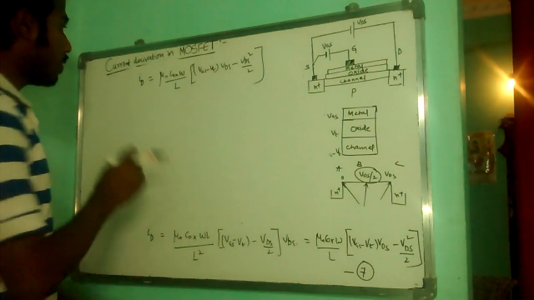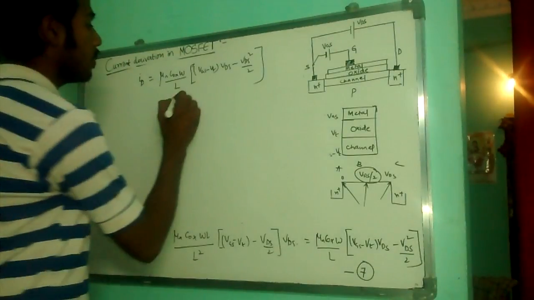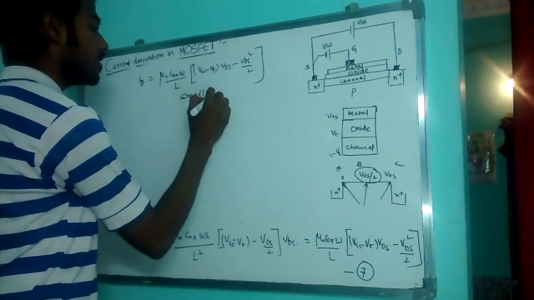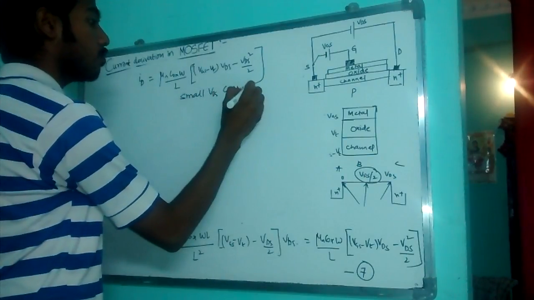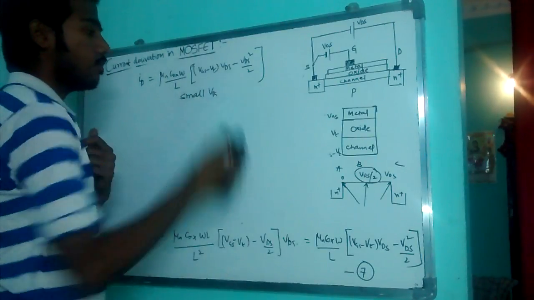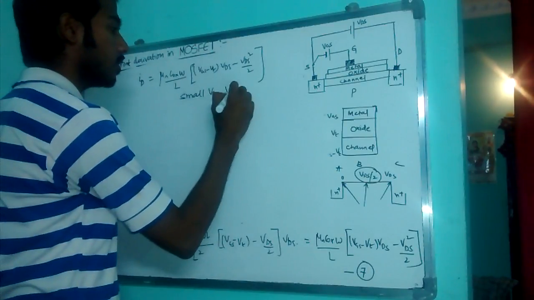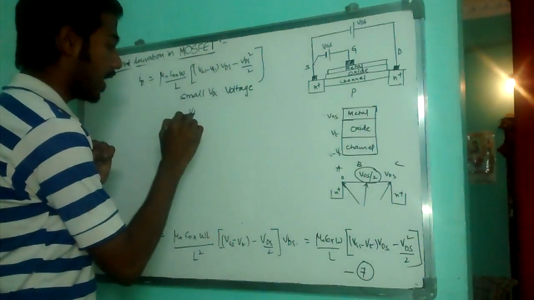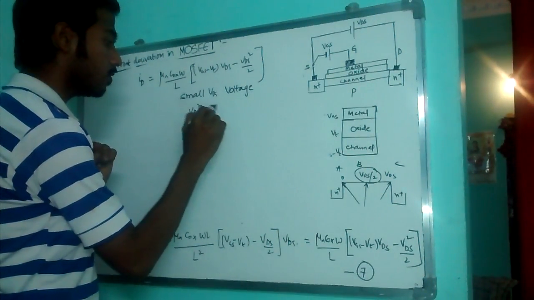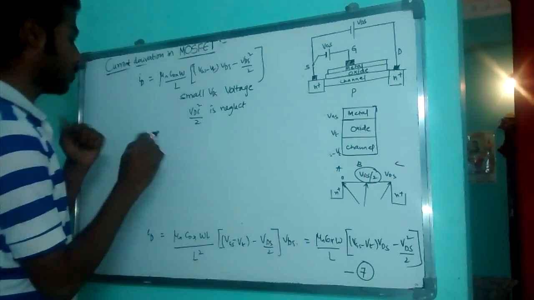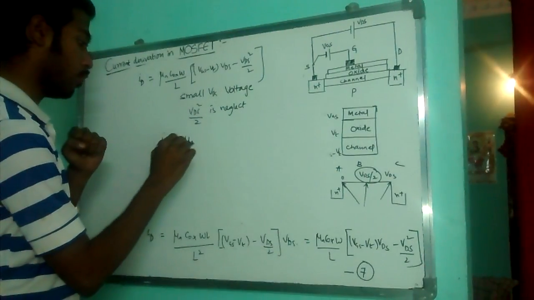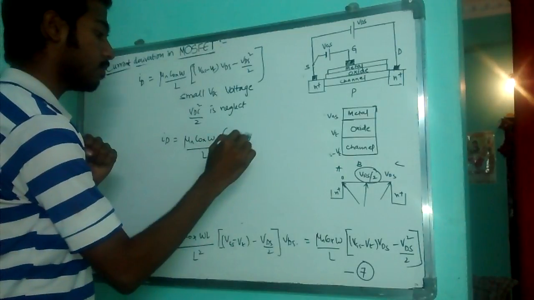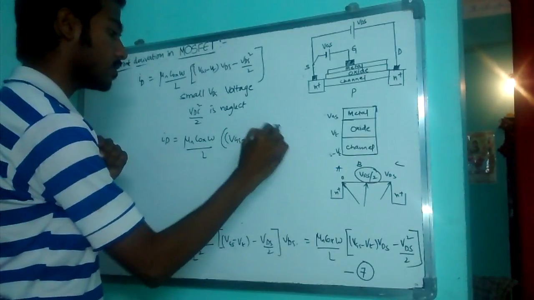What we did till now is for small VDS voltage. So I will neglect VDS square by 2 here. I get ID equal to mu n Cox W by L into (VGS minus VT) into VDS.